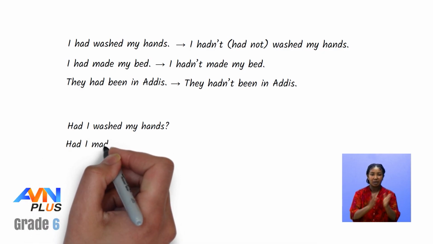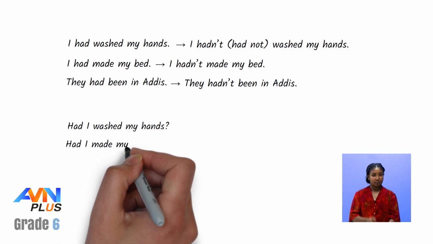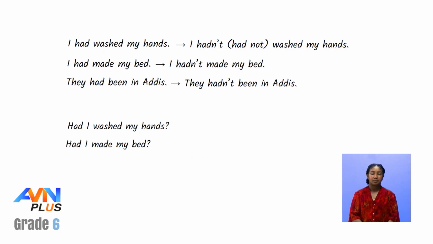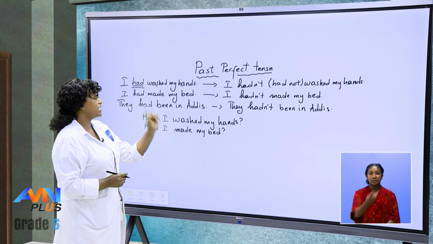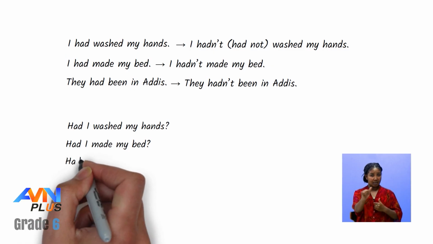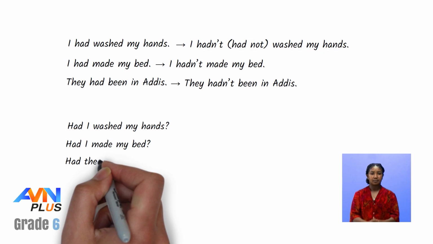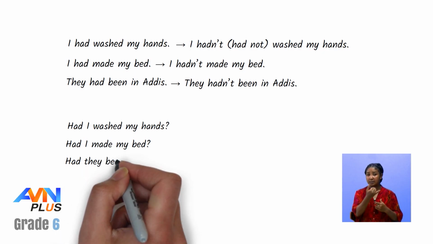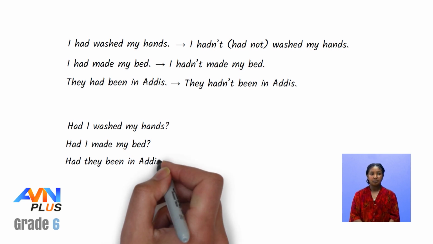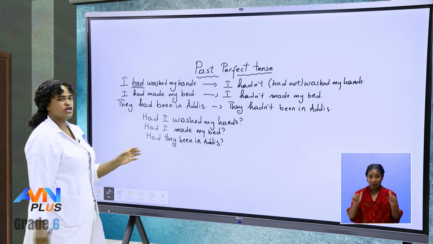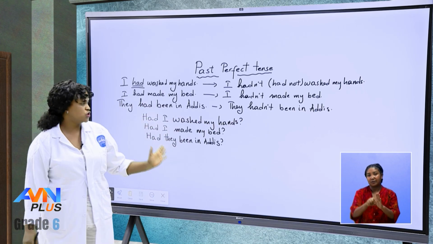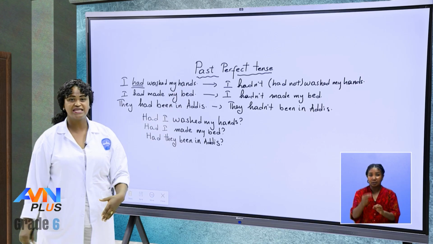Had I made my bed? Question mark. For the third one, they had been in Addis. Had they, good. Had they been in Addis? Here we go. This is how we construct positive, negative, and interrogative or question sentences using the past perfect.